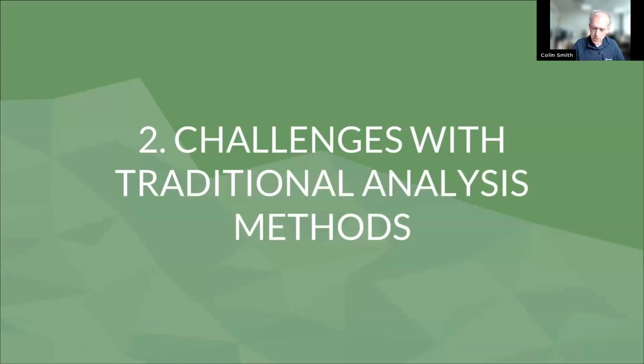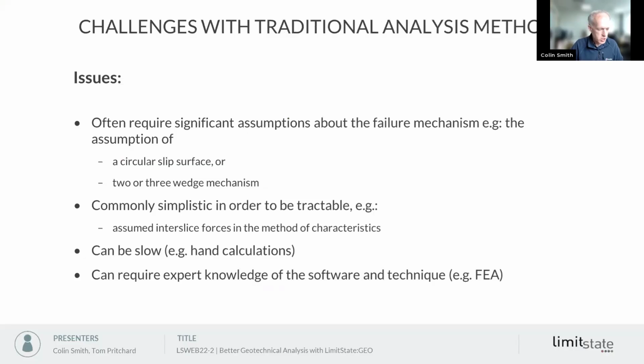So just to summarize, the sort of challenges we have with traditional analysis methods are that often they require significant assumptions about the failure mechanism, for example, assuming a circular slip surface or a two or three wedge mechanism. Sometimes there are simplifications made in order to make the analysis tractable, for example, assumed interslice forces in the method of slices. I see there's a misprint there.